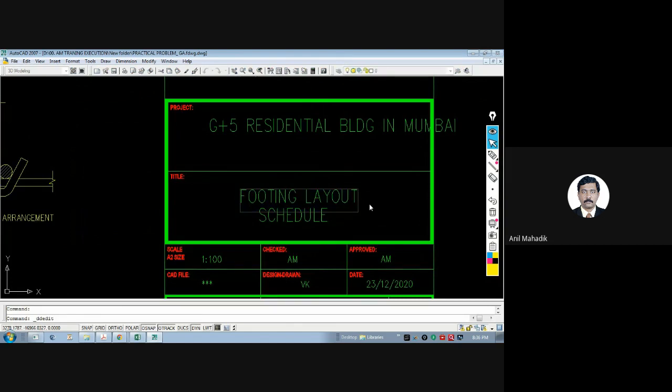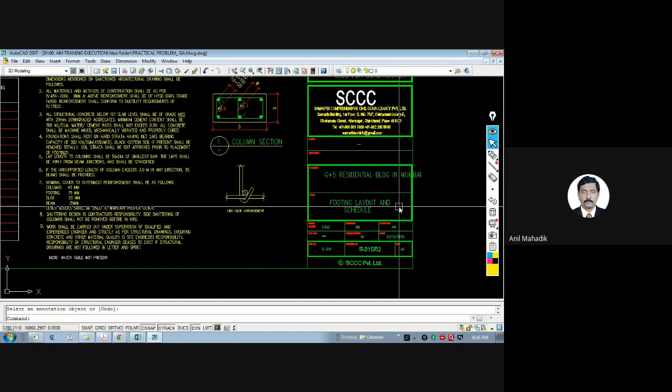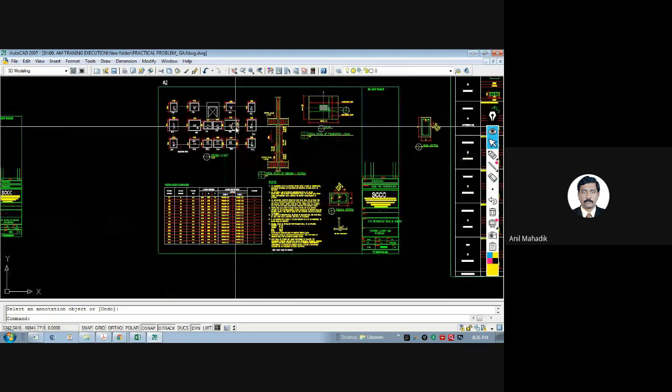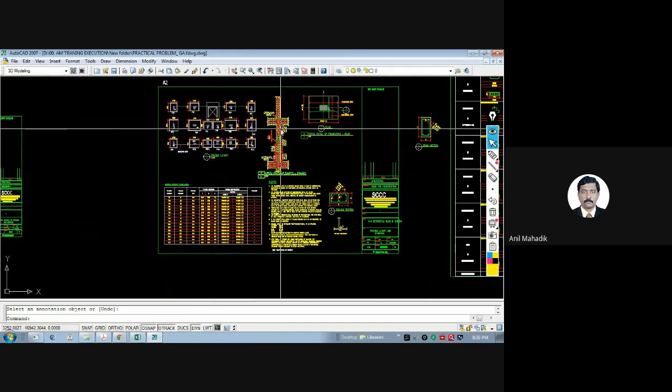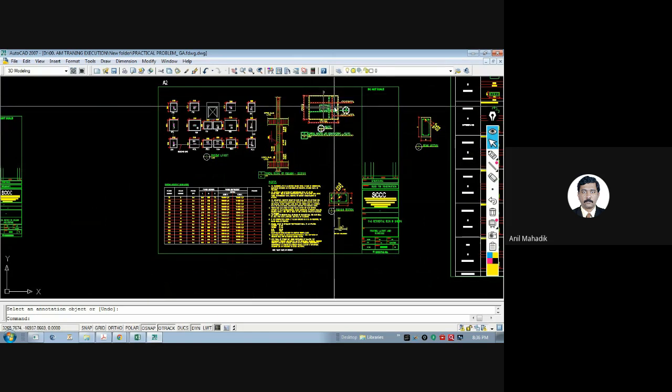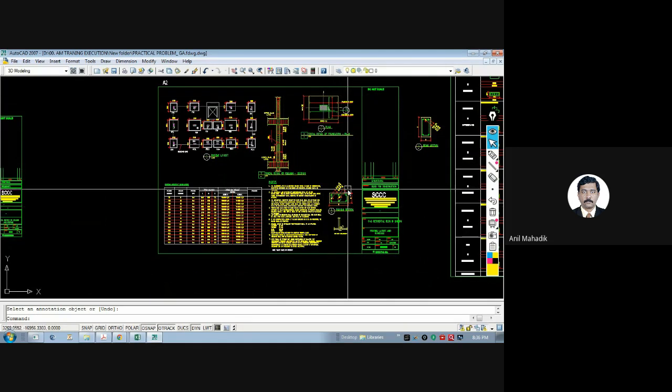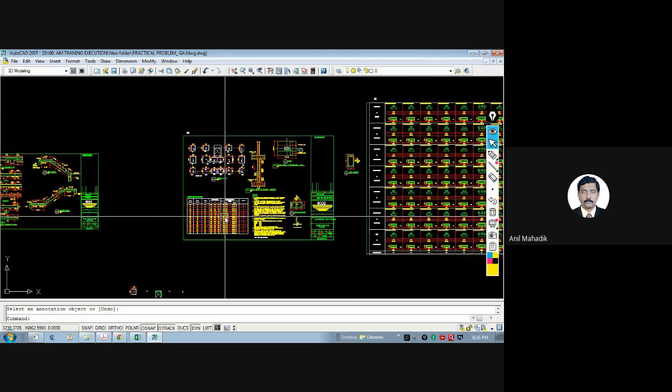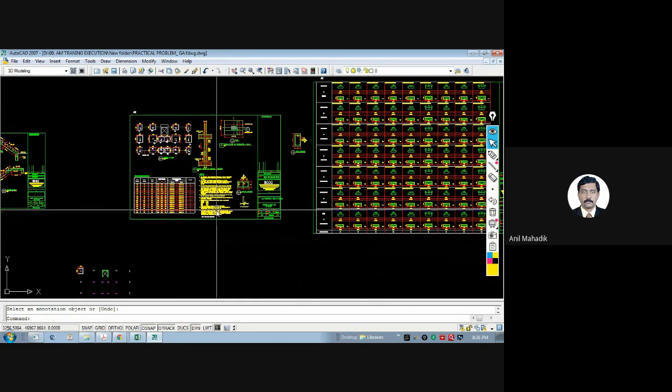So what are the contents in the footing layout and schedule? Footing layout, footing schedule, then section of the column, section of the footing, notes, and small details like this. So this is your foundation drawing. Have you got this? What are the contents in the foundation drawing?